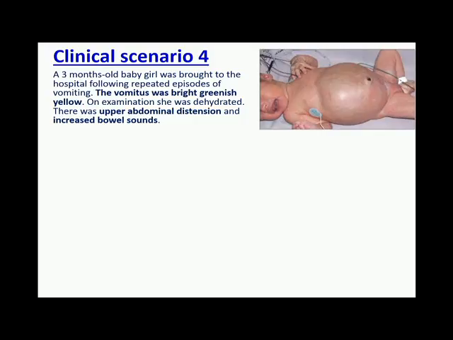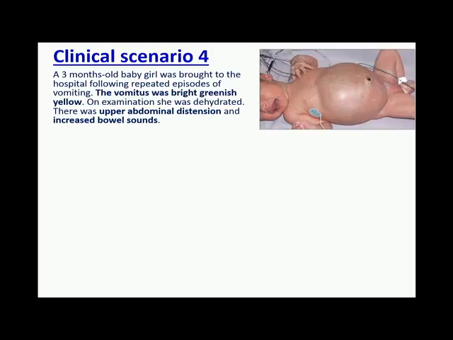That's pyloric stenosis, congenital pyloric stenosis. So there's an obstruction in the pylorus. That's the classic presentation. Just after feeding they vomit, called projectile vomiting. And the vomitus is not green, it's non-bilious.